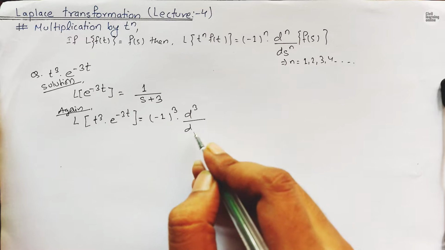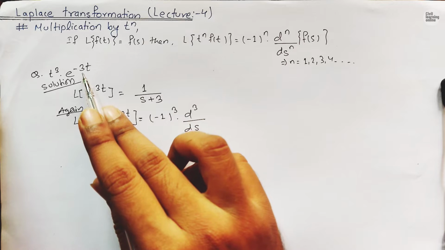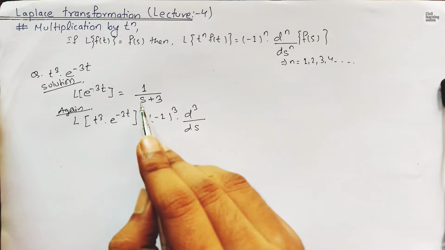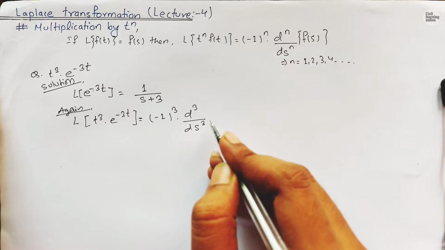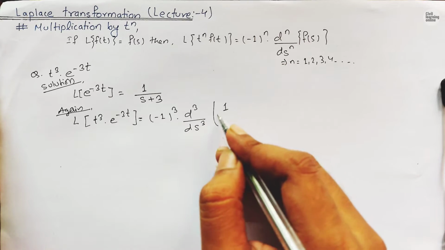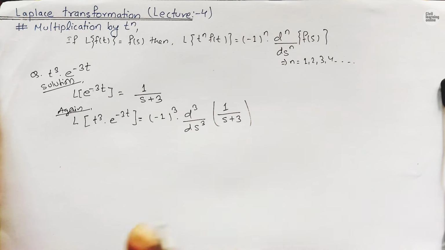So d to the power 3 over ds to the power 3, our variable is s, because we have already converted e to the power minus 3t to 1 upon s plus 3. So we have d^3/ds^3 of 1 upon s plus 3. Now we will proceed further.